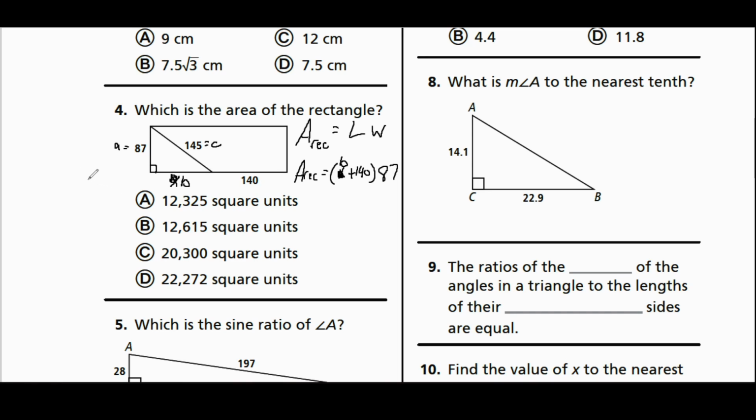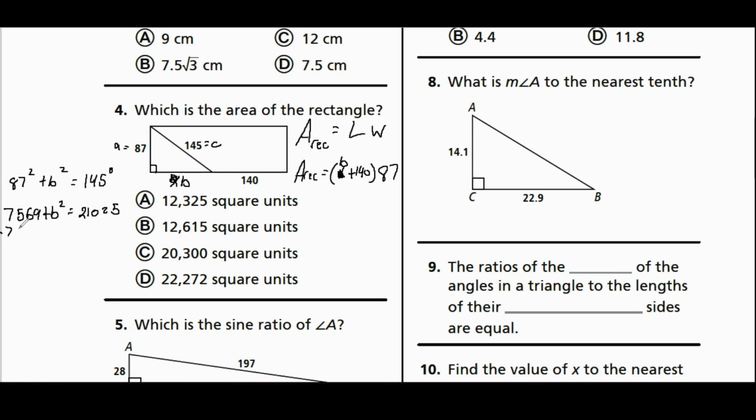So for this one, I'm going to have 145 squared is equal to 87 squared plus b squared. And I'm going to punch that in the calculator because these are all perfect squares that I don't know. 87 squared is going to give me 7569 plus b squared. And all I can tell you right now about 145 squared is that it's going to end in a 5. That's going to be 21,025.